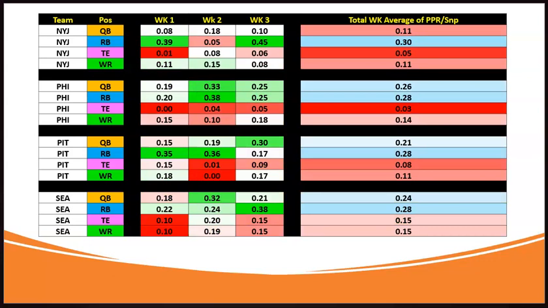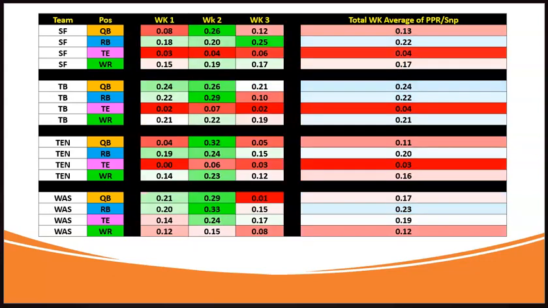Let's see what else. The Jets, out those running backs, of anybody scoring. Philly looks like the running backs and quarterbacks. Pittsburgh, quarterback scored. Seattle, running backs all day long. And you're thinking, wow, they got some good folks here. Washington was just extra sad. Not much happening.